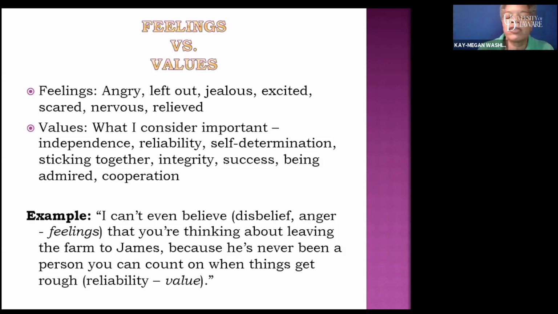So independence, for example, reliability, self-determination, sticking together, integrity, success, being admired, cooperation. Those are all values. And often our feelings come from our values being violated in some sort of way, particularly our more upset and angry feelings.